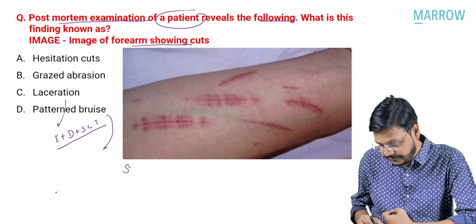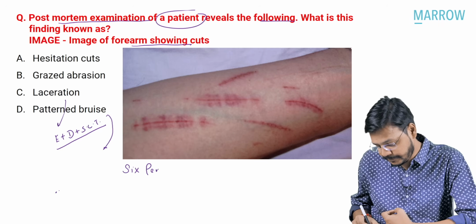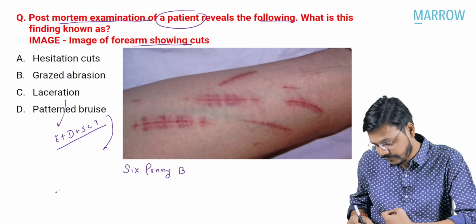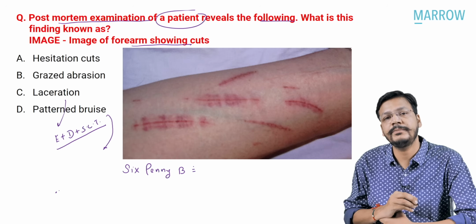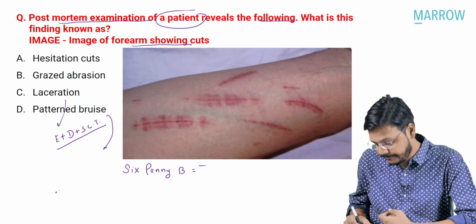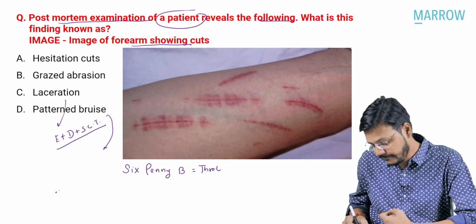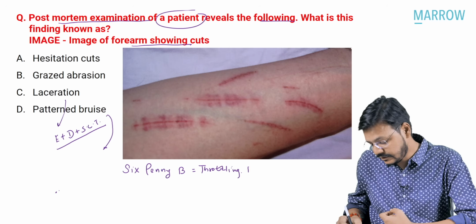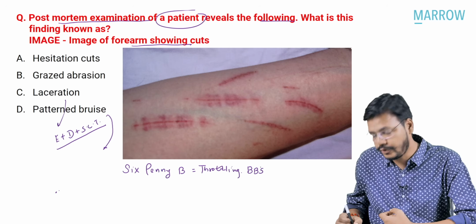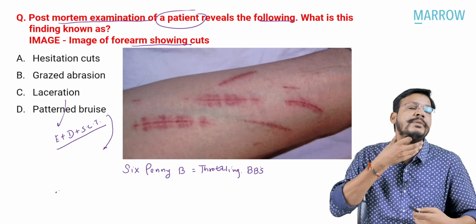An example of the pattern bruise is the six-penny bruise. Six-penny bruises are the coin-shaped bruises seen in throttling as well as battered baby syndrome. These coin-shaped bruises are caused by fingertip pressure.